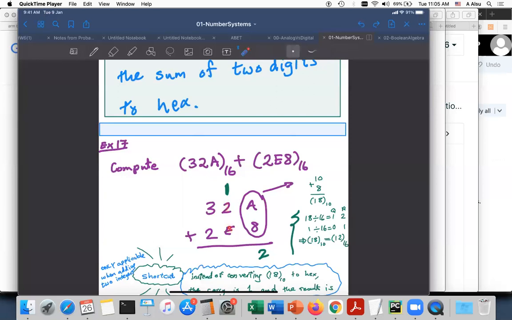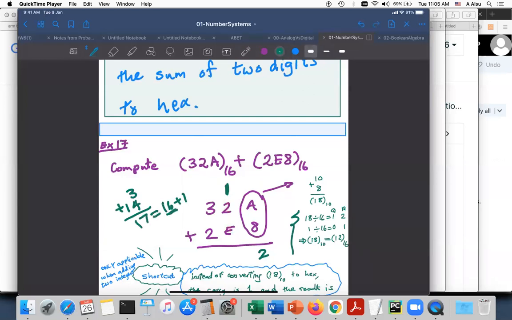And then E is converted to decimal, which is what? So 3 plus E, which is 14. Or am I wrong? The answer is going to be 17. Yes, 17, which is nothing but 16 plus 1.